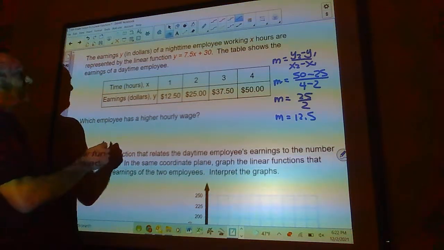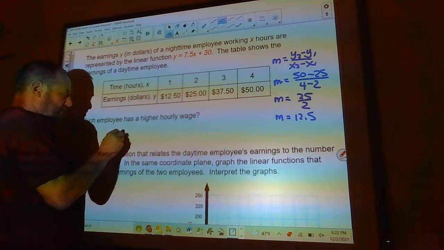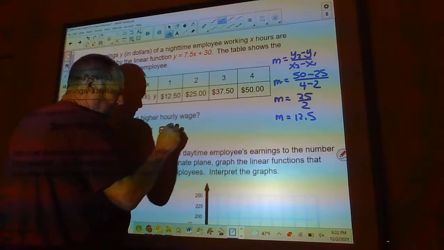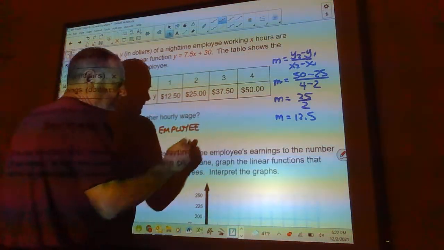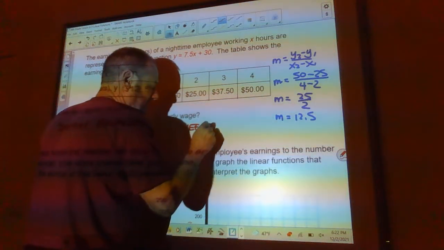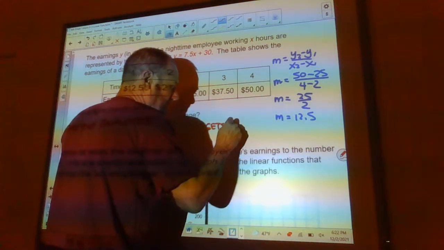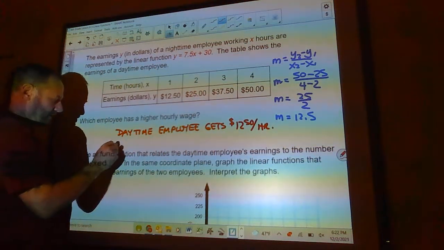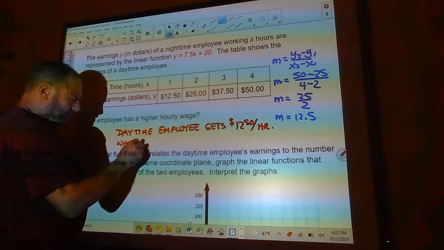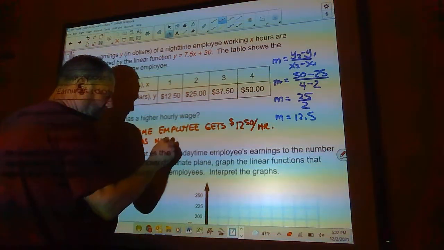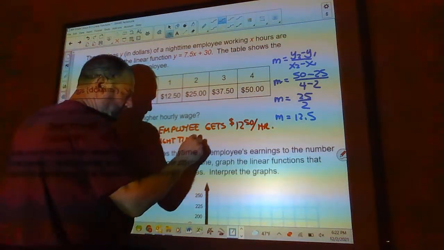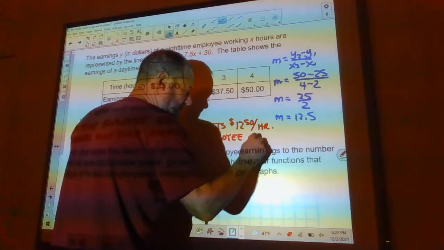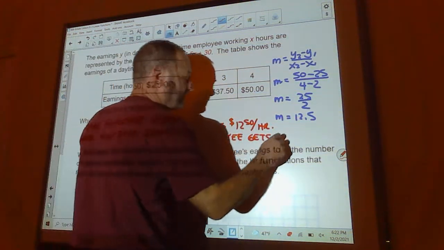Well, it's the daytime employee who has the higher hourly wage, because they get $12.50 an hour, whereas the nighttime employee gets $7.50.